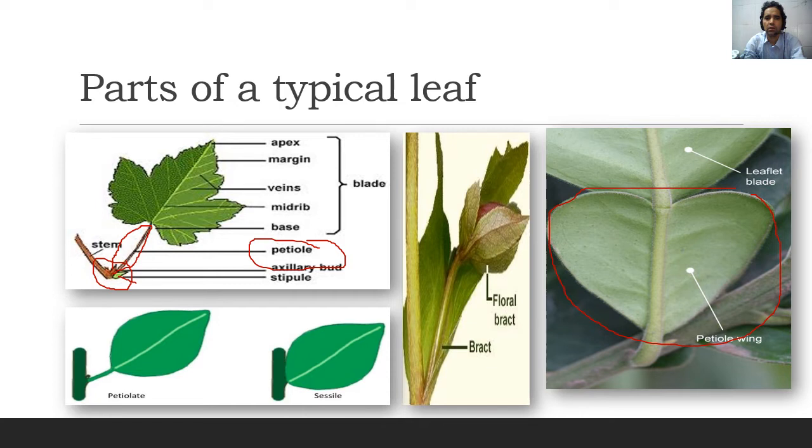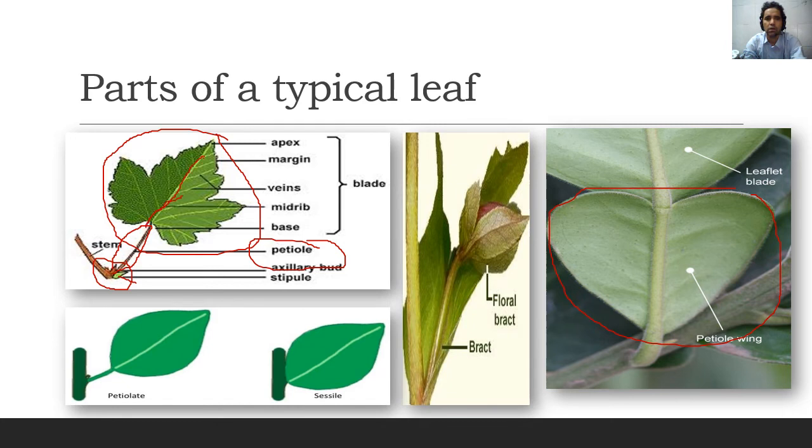Next part of the leaf is the leaf blade or lamina. This whole structure is called the leaf blade or lamina. It is frequently green, expanded, and concerned with photosynthesis, respiration, transpiration, etc. Here in this leaf, you can see a vein in the center.